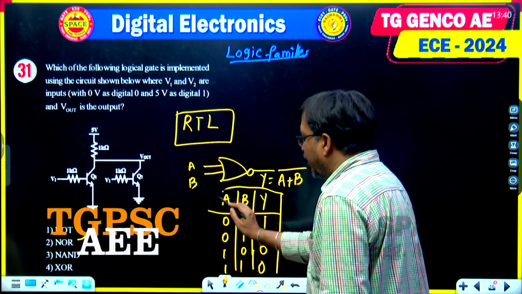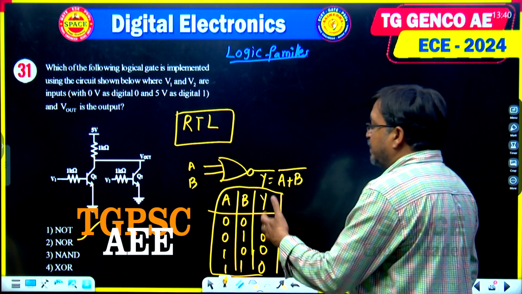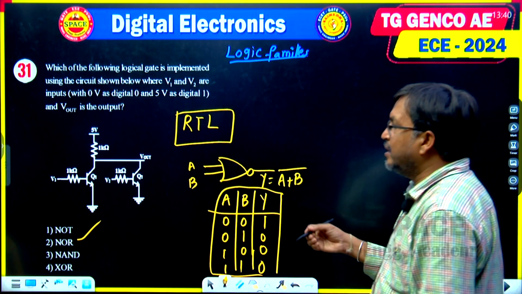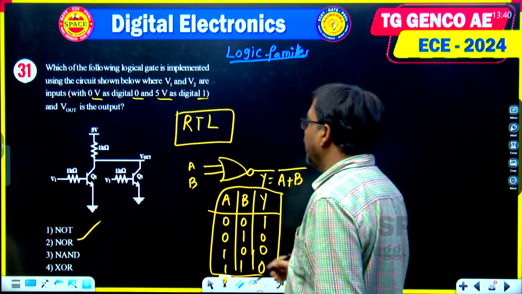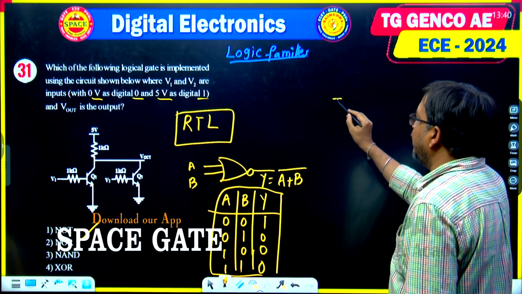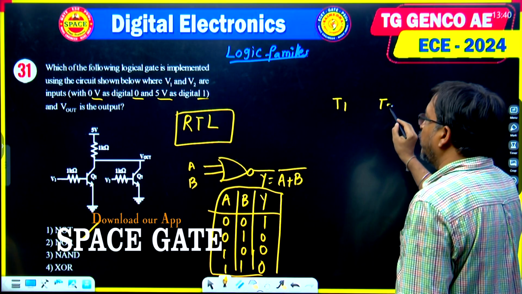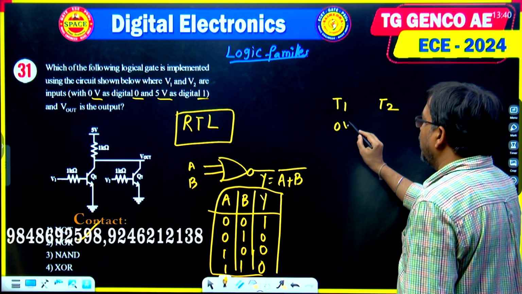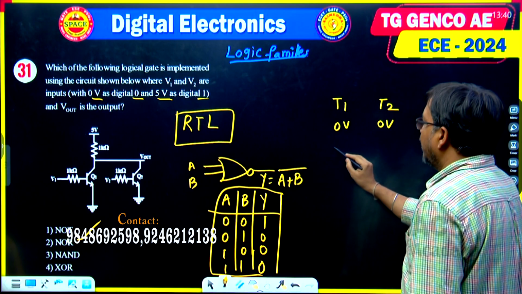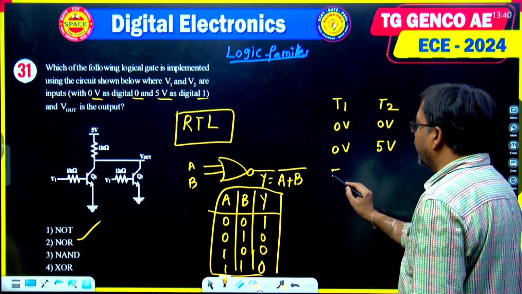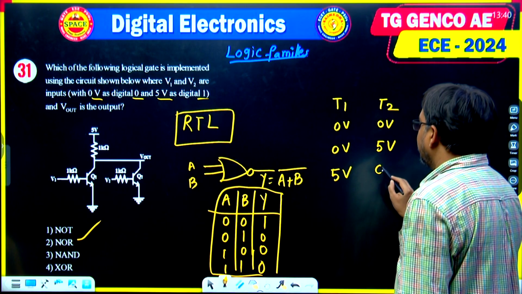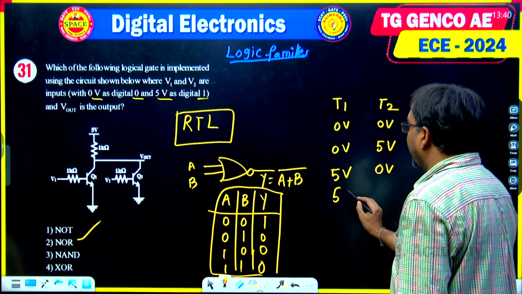Same thing, now I want to explain in terms of voltages. He mentioned here 0 volts means 0, 5 volts means 1. So I am writing transistor T1, transistor T2, with inputs 0 volts, 0 volts. What happens when it is 0 volts, when it is 5 volts, and when both are 5 volts?